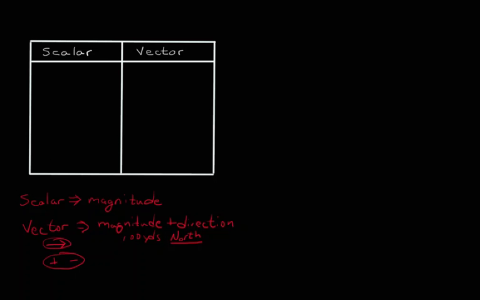Now, just to give you an idea, let me draw a little thing here, north, south, east, west. Generally, when we're talking about directions, north and east are given positive signs, south and west are given negative signs. Up is given a positive sign, down is given a negative sign. In is positive, out is negative. This is just for your reference.